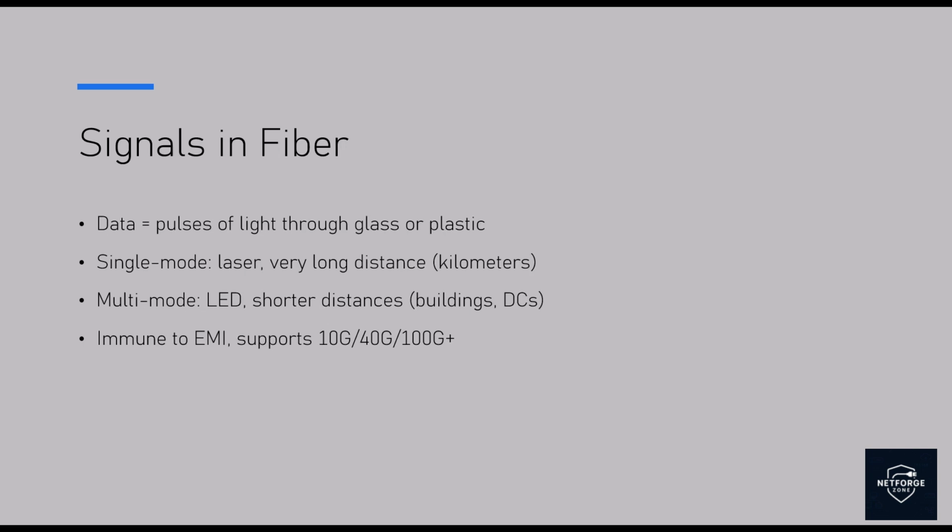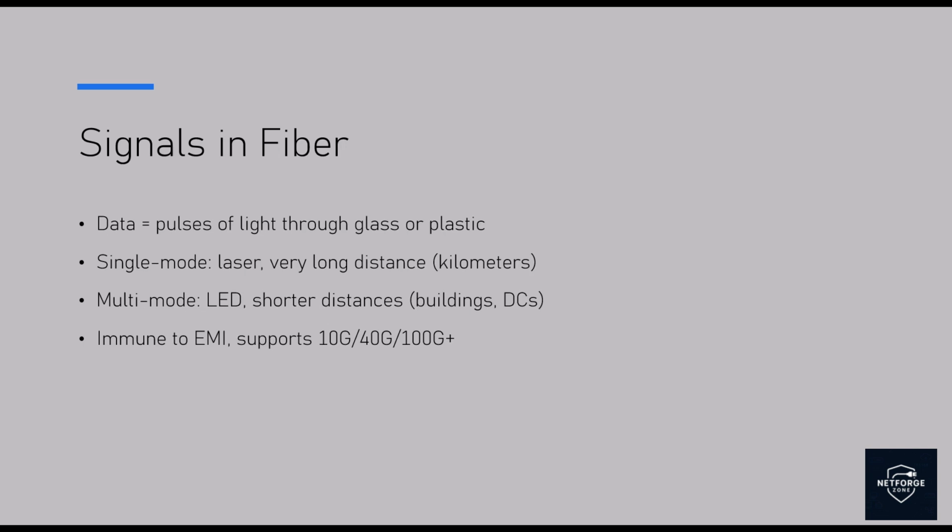Other than that, fiber handles insane speeds, like 10 gigabit per second, 40 gigabit per second, 100 gigabit per second, and nowadays 400 gigabit per second. And as of the time of recording this course, I have seen 800 gigabit per second switch ports introduced to data centers.